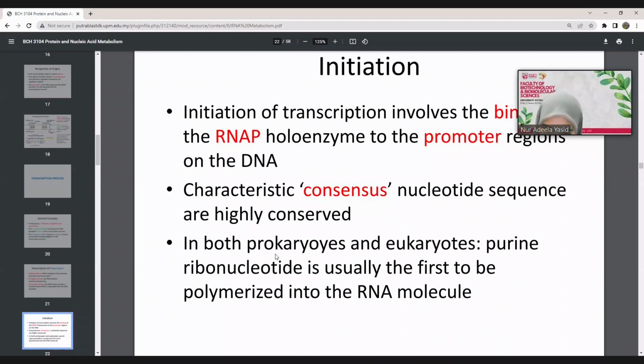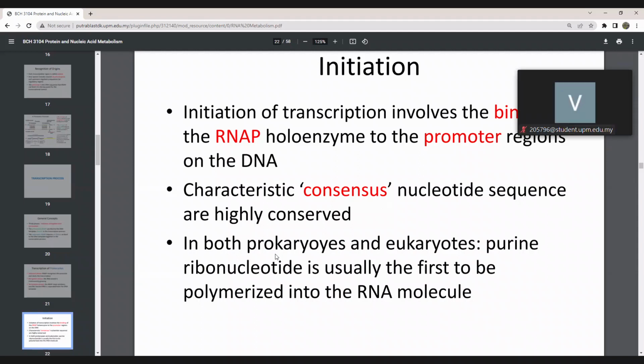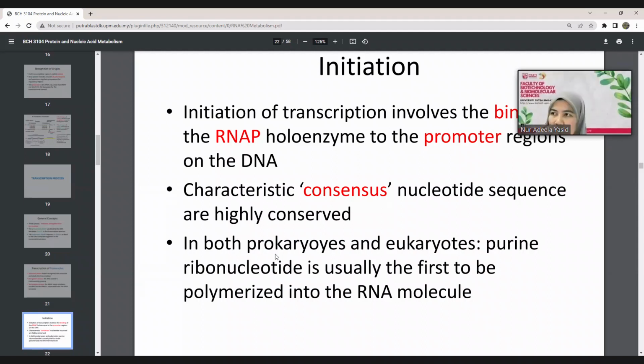To recap from the last lecture, the -10 region consists of a sequence with TA, AT, which we know as the TATA box. You need to know the conserved sequence for the -10 region, and also the conserved sequence for the -35 region.